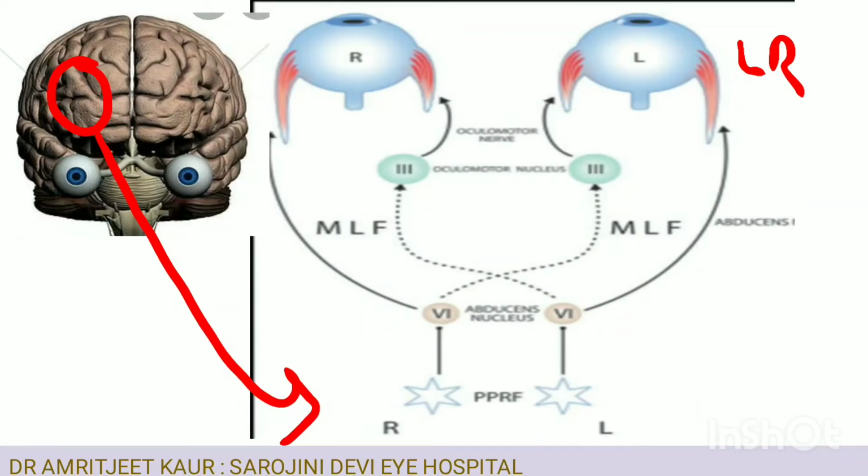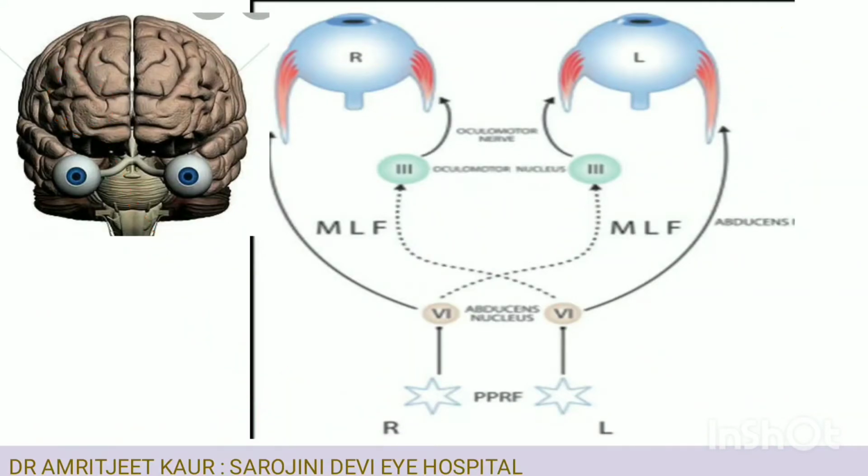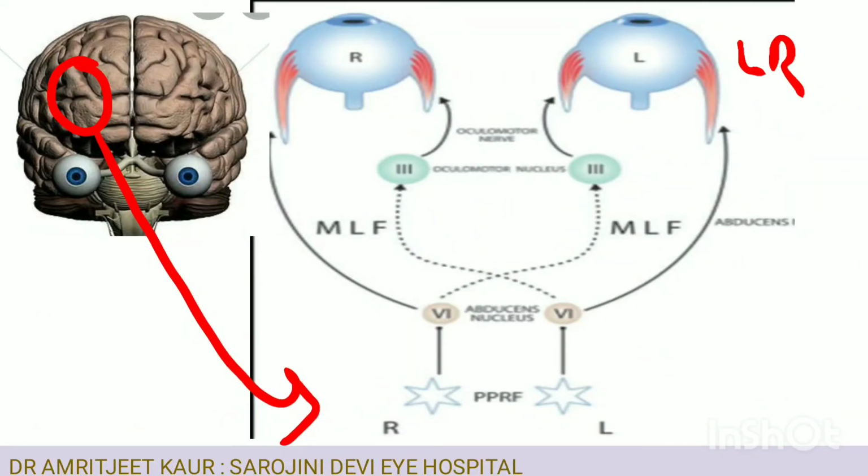And as we know, the sixth nerve will go on and supply the lateral rectus muscle. The action of the lateral rectus is abduction. That means it moves the eye towards the outside, and when it does, it causes the left eye to move towards the left side. At this point, you might be thinking, what happens to the right eye?